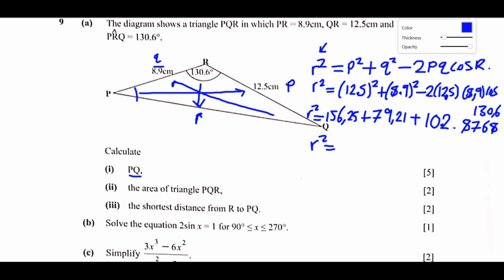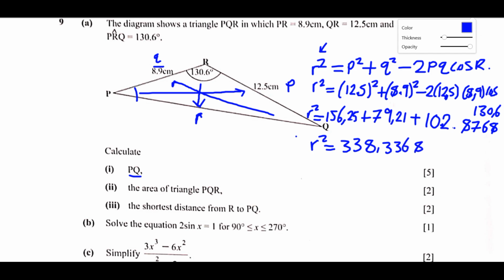At this point, I'm just going to add all these numbers. So I'm going to say 156.25 plus 79.21 plus 102.8768. So I'm getting about 338.3368.